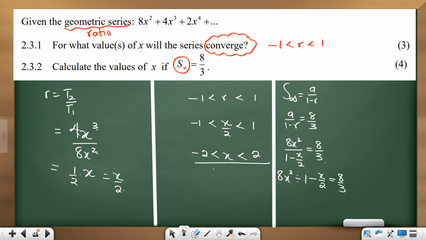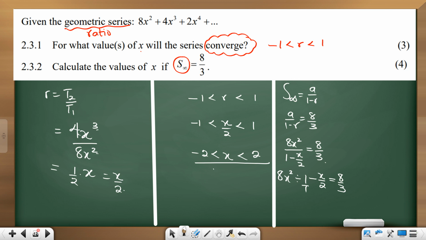I want us to make sure we get all the marks. This is 1 over 1. And I remember teaching you how to deal with fractions: DDD, diagonal, denominator.